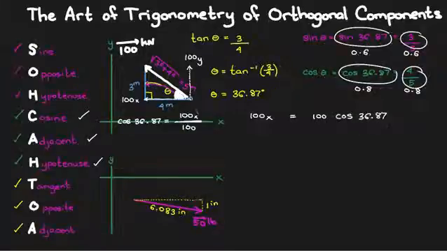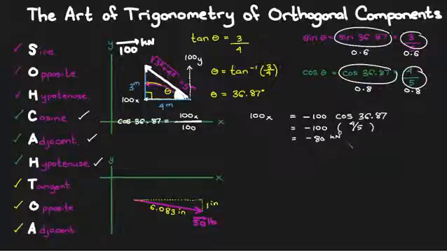And since it is to the left, you must put a negative sign in front of that term. Or it is equal to 100 times the ratio that is numerically equal to cosine 36.87. That's just 4/5, and again, you must put a negative sign in front of that term. That's equal to negative 80 kilonewton.